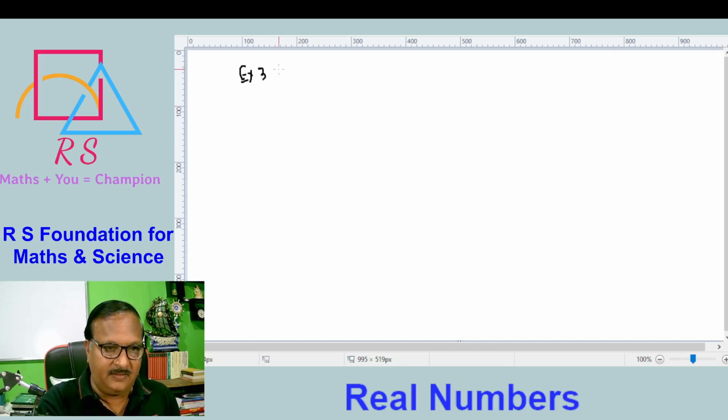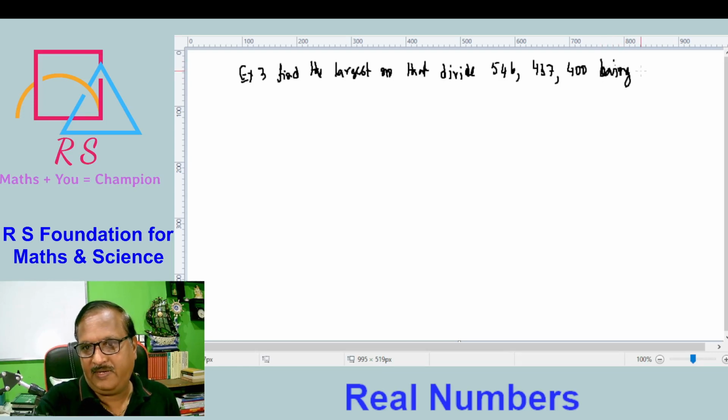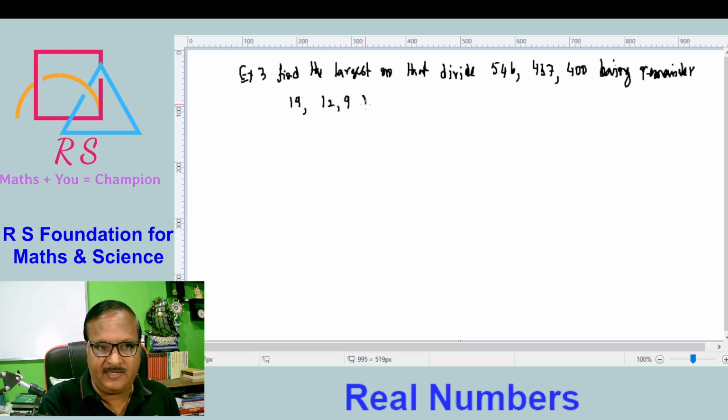Find the largest number that divides 546, 437, 400, leaving remainders 12, 19, 12, 9 respectively.